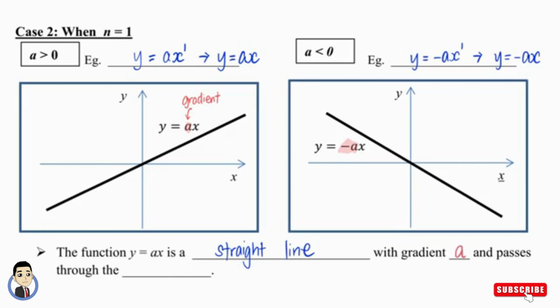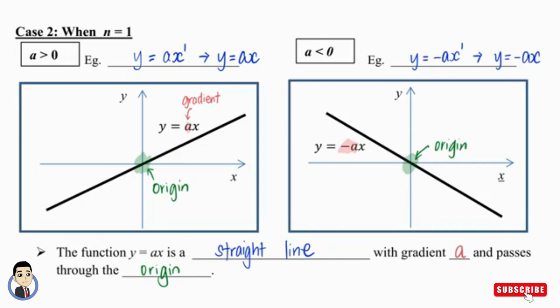And for this particular example, it passes through what we call the origin, which is this point here, the point at the center of the axes.